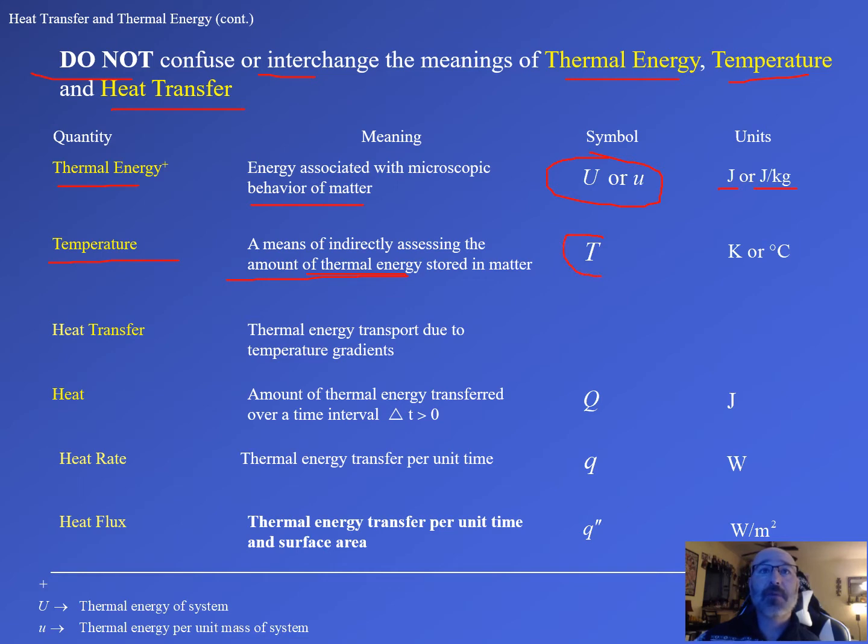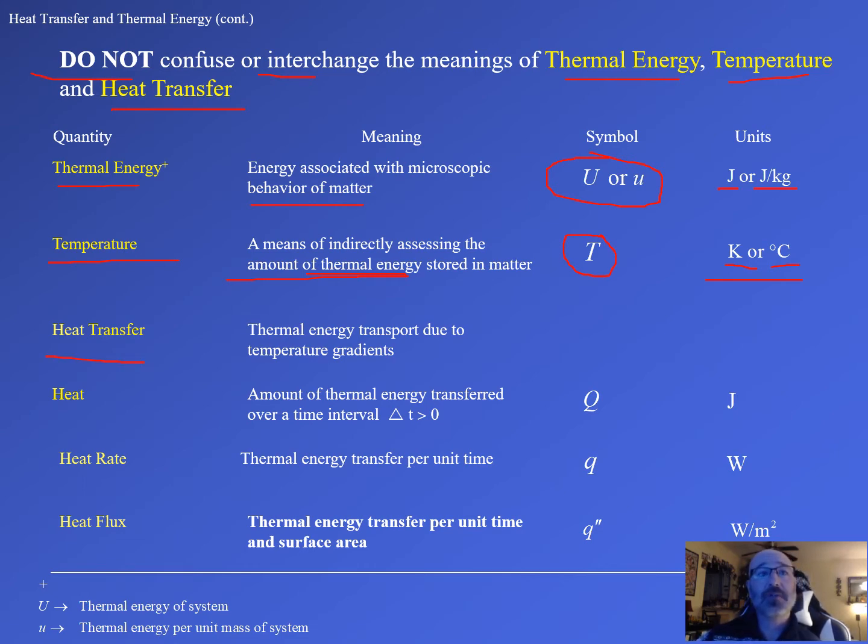The symbol we use is capital T, and temperature units are typically Kelvin or degrees Celsius. We will see degrees Fahrenheit occasionally, so as a side note, as we work through the problems, make sure you keep track of the units and do the conversions that are necessary.